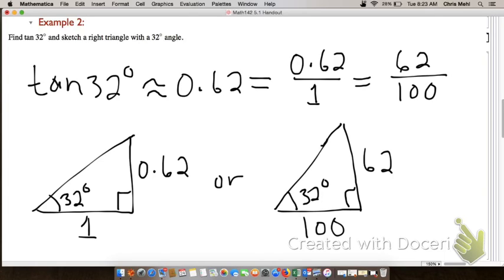So these are both right triangles that would have the same angle measures inside, and the ratio of opposite over adjacent is the same in both triangles. Okay, so there's actually infinitely many right triangles that have a 32 degree angle, but these are just 2 that could arise.